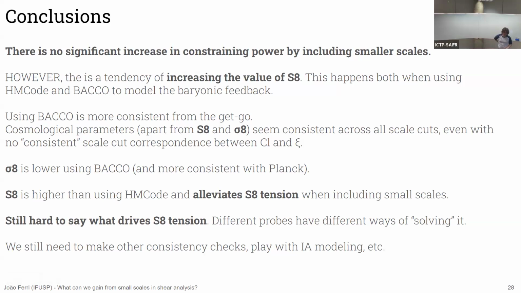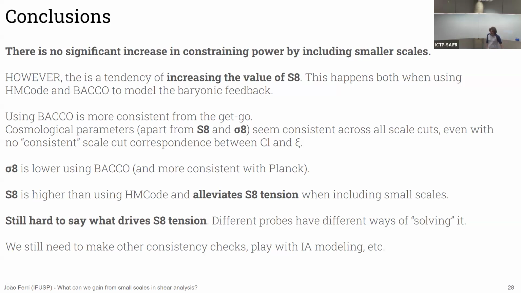I think this is one of the important things to say. It's consistent in both data compressions. Still, it's hard to say what's driving the S8 tension in HSC data, and also in other experiments, because it seems like different probes have different ways of solving it.